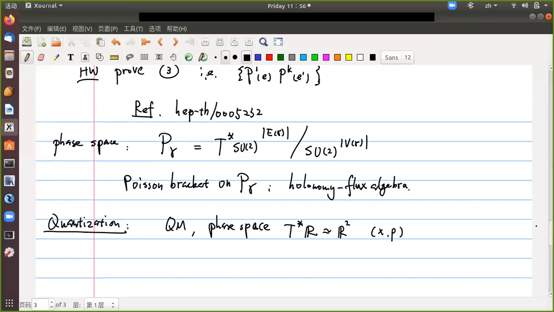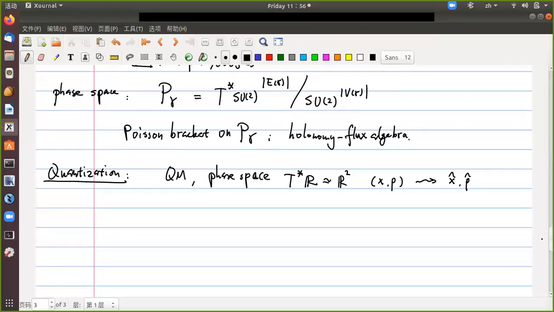Then when you do the quantization, you just promote x and p to be operators on some Hilbert space, right? And the Hilbert space is isomorphic to the L2 Hilbert space, the square integrable functions on R, on your position space. Then any wave function psi will be just a function of x.